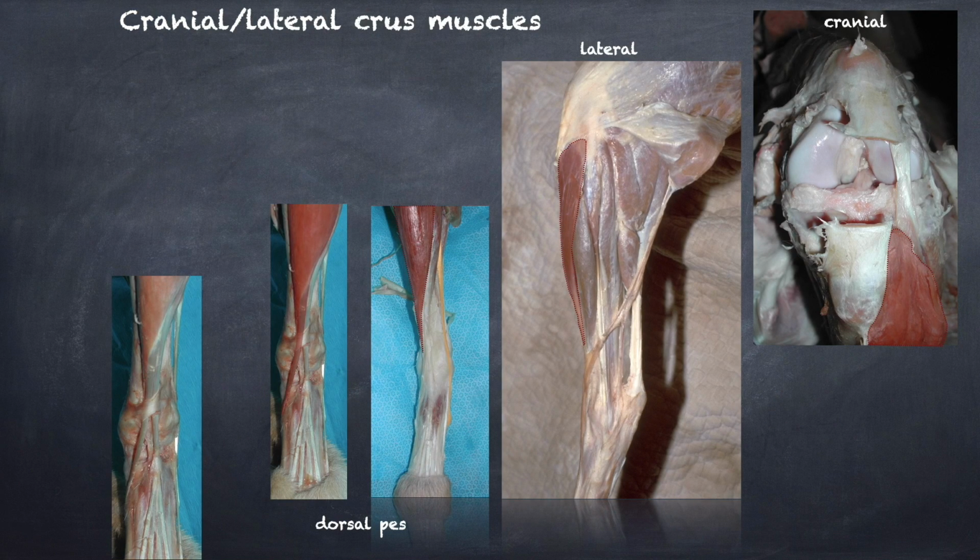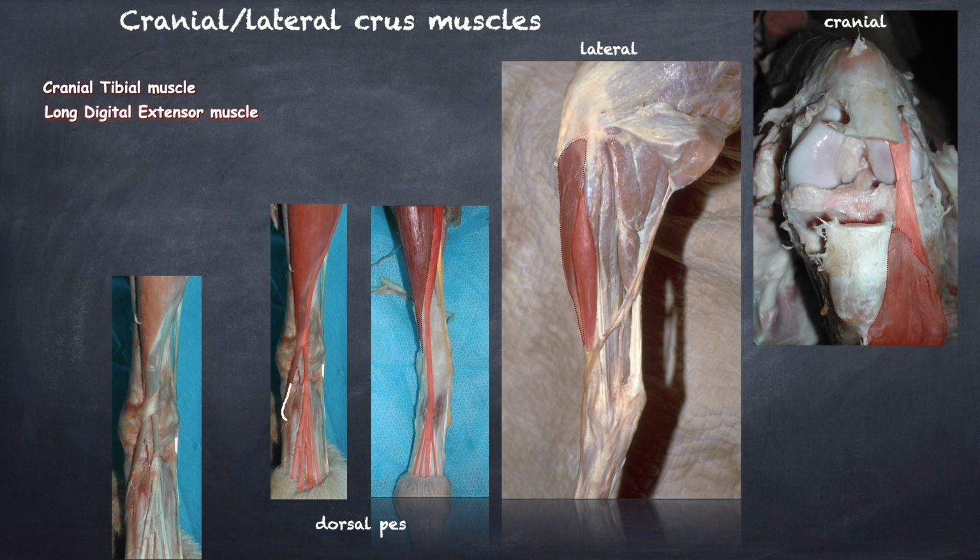This most cranial one on the tibia is the cranial tibial muscle. Notice that its tendon of insertion wraps around the medial side of the pes to attach to the plantar surfaces of the metatarsal bones. We move more lateral and caudally, we have the long digital extensor muscle.